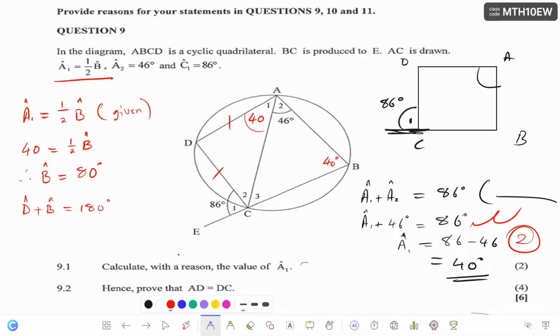So now we can say D is equals to 180 minus 80 degrees, because B is 80 degrees. So angle D is 100 degrees. So we have this angle which is 100 degrees.